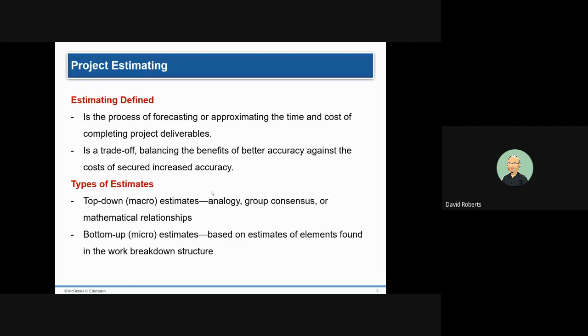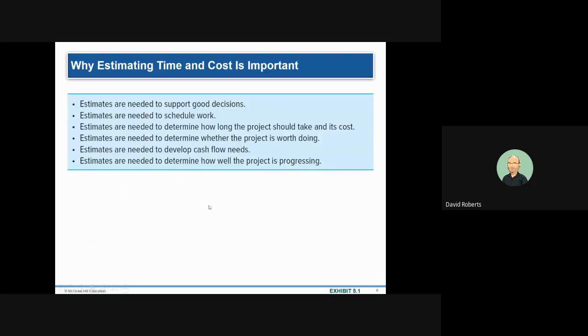So 2 types of estimating. One is top down and then bottom up, and we'll talk about those in more depth. You need these times and cost estimates to support good decisions. Otherwise, I will guarantee you that every year some people don't pay enough attention to the cost of school, and not just the financial cost, but even the time cost. I didn't realize it was going to be so much work.